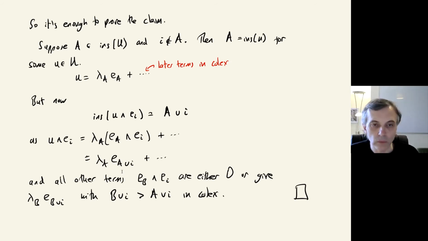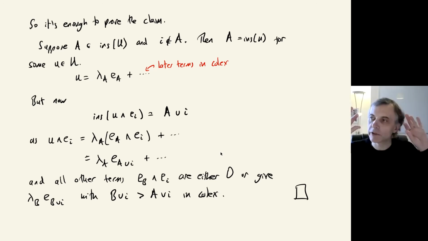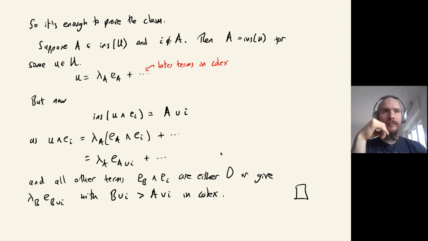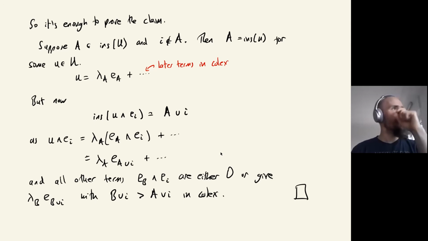I could wedge with something that's in A, and that might kill A. For instance, if I have e_A plus e_B, the initial set is just A. And I could wedge with something in A that's not in B. It'll kill e_A and give me B union I for something. Okay, so yeah, because you allow wedging with everything, with no restriction. Okay. Yeah.